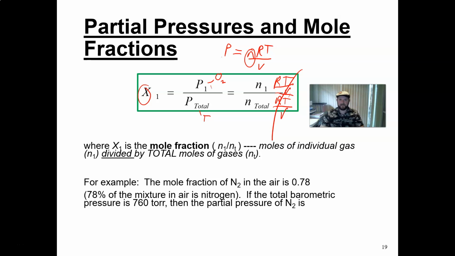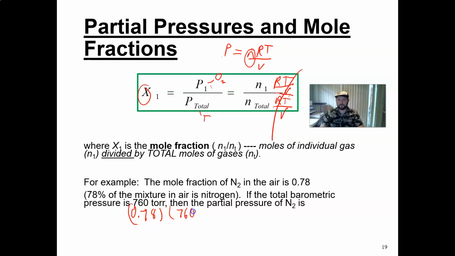And then a nice, interesting fact: the mole fraction of nitrogen in our atmosphere is about 0.78. So if you're looking at a barometer at 760 torr, then the pressure contributed from nitrogen would be 0.78, converting it into a decimal, times the total pressure.